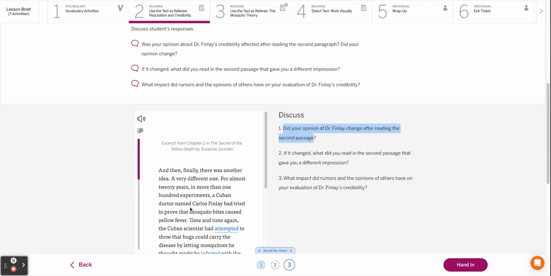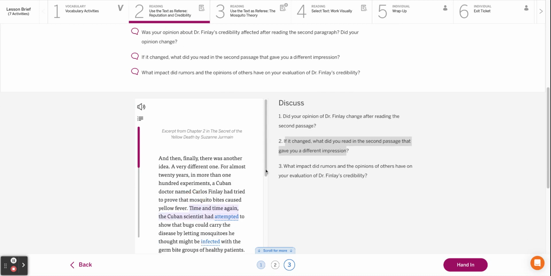And find an example of why you think he's credible. If it changed, find and highlight what made it change, and then go find the rumors and explain, if that were a rumor, highlight it and explain what did the rumor or opinion make you think of about his credibility, and then hand it in.